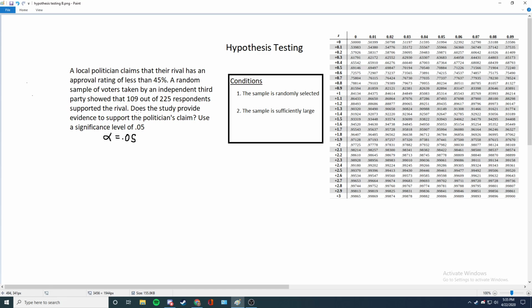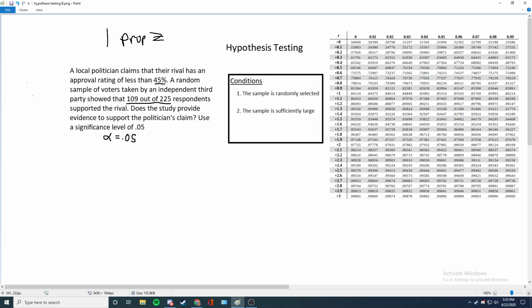Just like the last problem, the first step is to figure out what kind of test we're going to be doing. Since we're dealing with a percentage and a sample that has a proportion in it, because it's 109 out of 225, this is going to be a 1 proportion z-test. Now let's pull out all the information that we need.